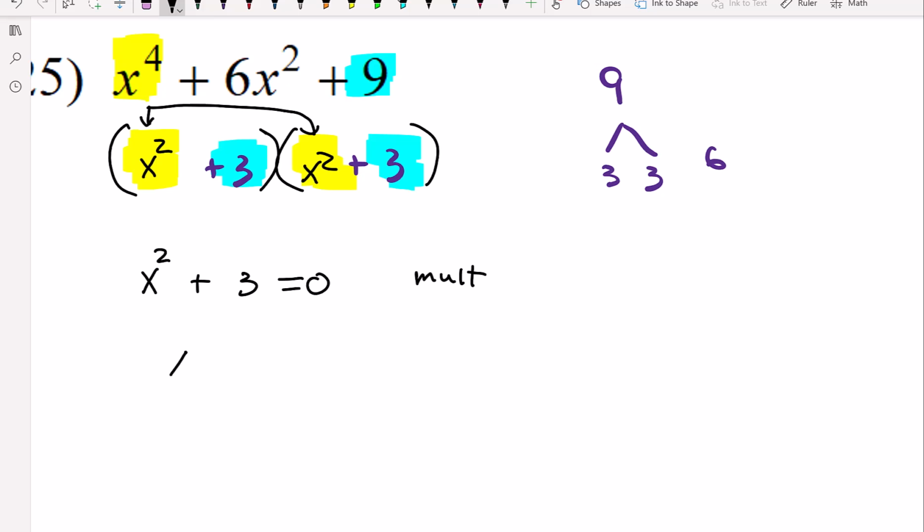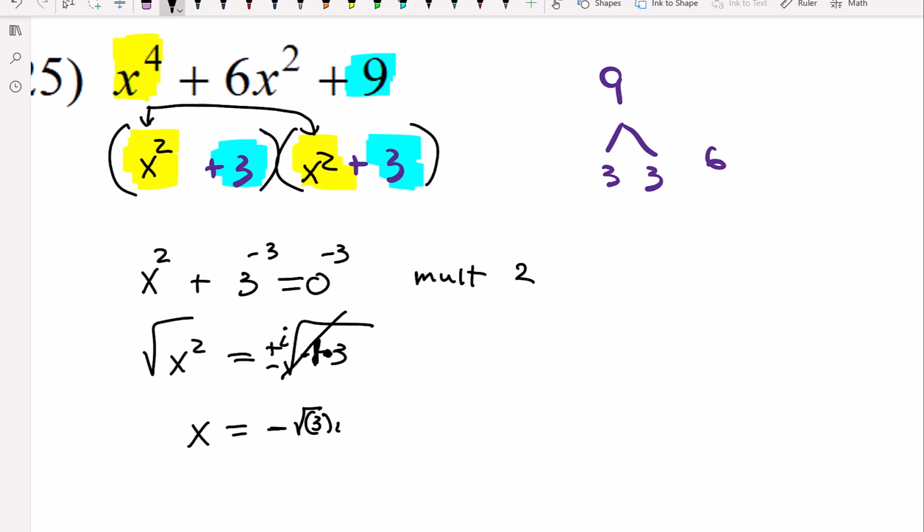So we're going to subtract 3. We're going to take the square root, positive, negative, and where that negative is, I'm going to rewrite that as negative 1 times 3, square root, and i comes out. Remember, each of these are going to have a multiplicity of 2. So this is negative root 3 times i with a multiplicity of 2, and positive root 3i with a multiplicity of 2.